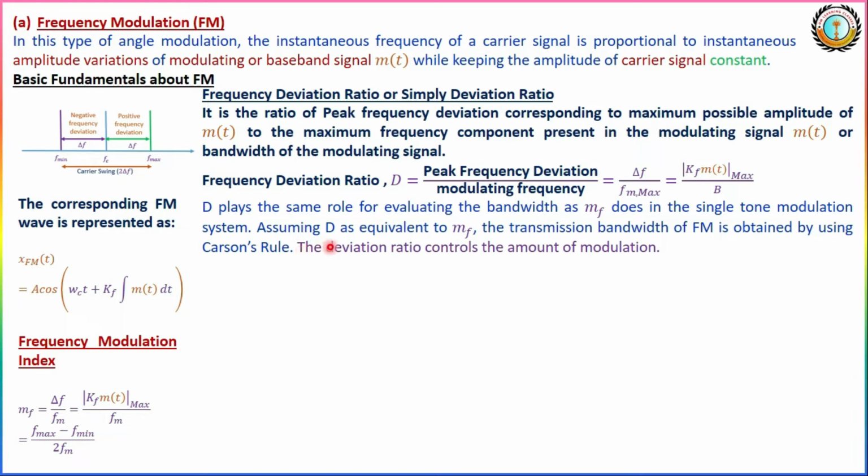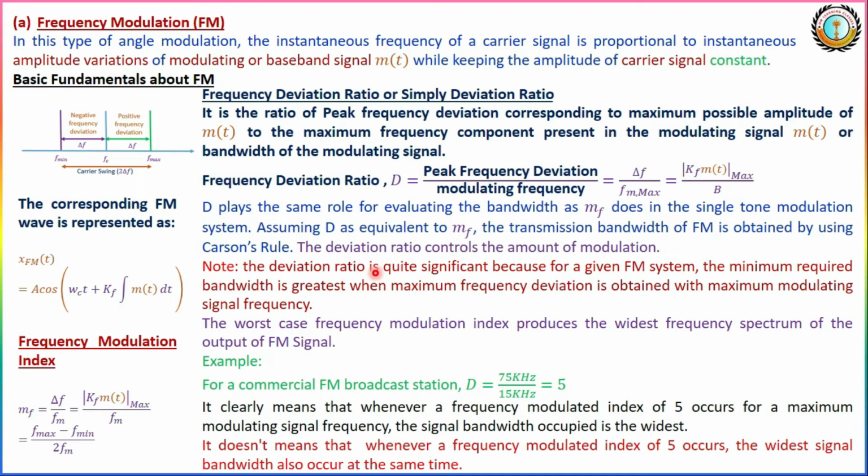If we assume that D is equal to MF, then the transmission bandwidth of FM can be calculated from Carson's rule. In the next lecture, we have Carson's rule for FM bandwidth. So we can say that the frequency deviation ratio controls the amount of modulation and plays an important role in FM.